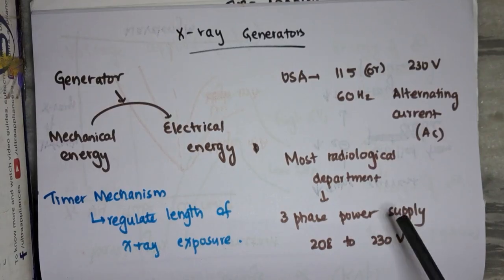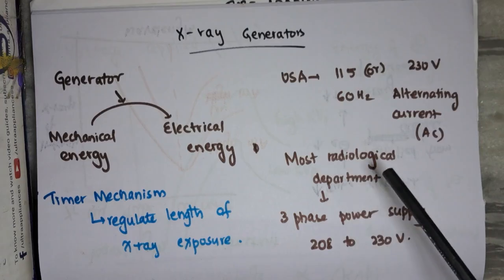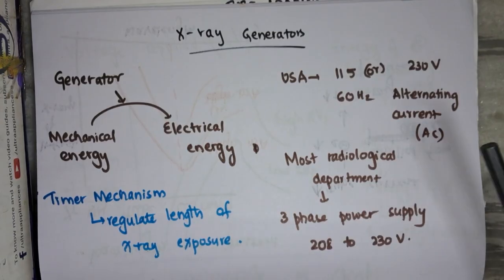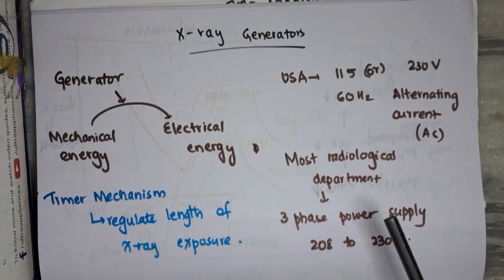The X-ray tube requires electrical energy for two purposes. One, to heat the filament so that the electrons are released from the cathode filament to the anode target, and two, to accelerate the electrons from the cathode to the anode.